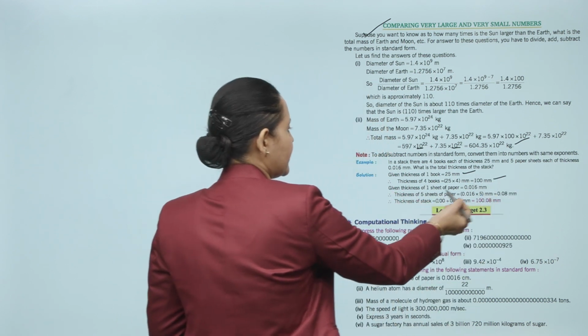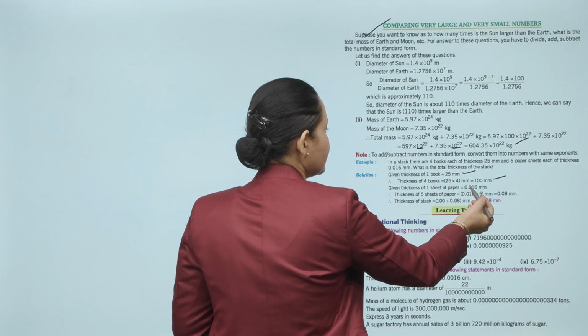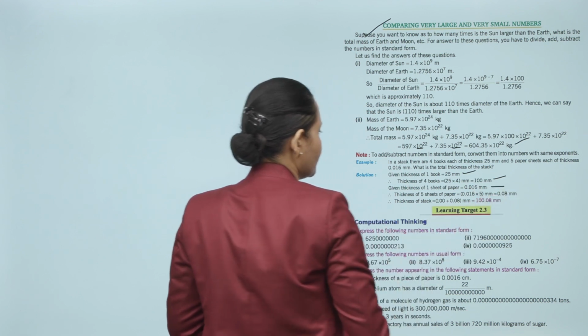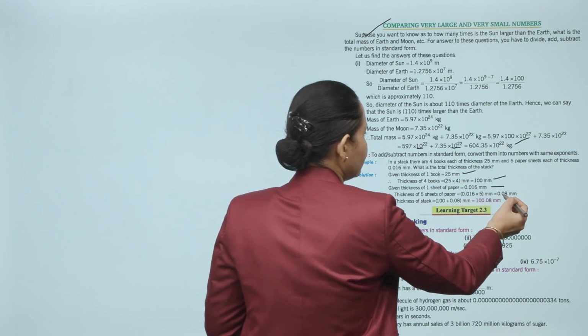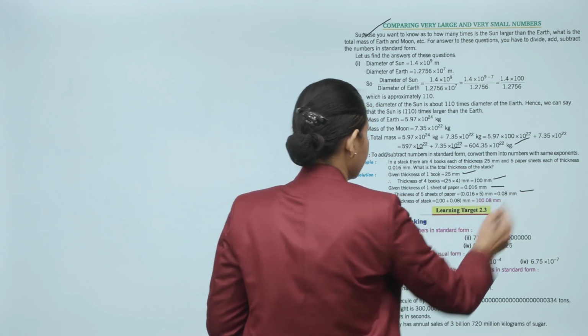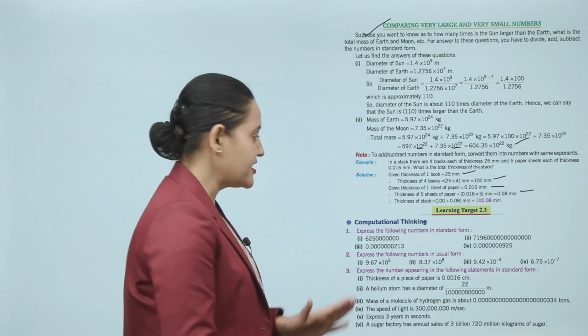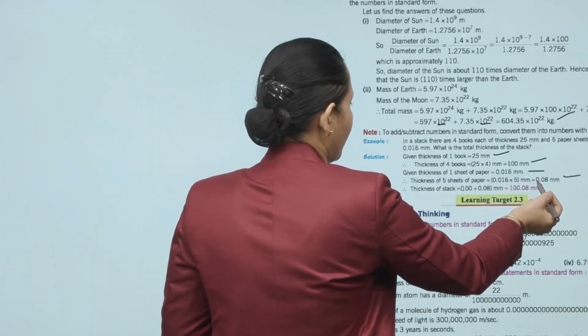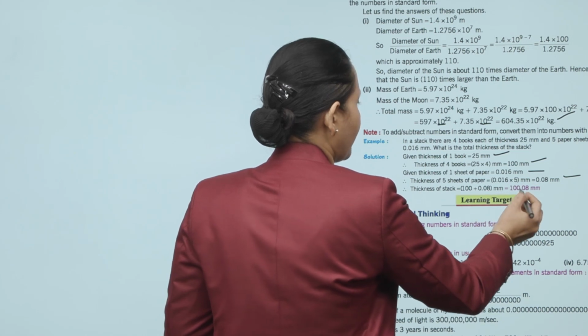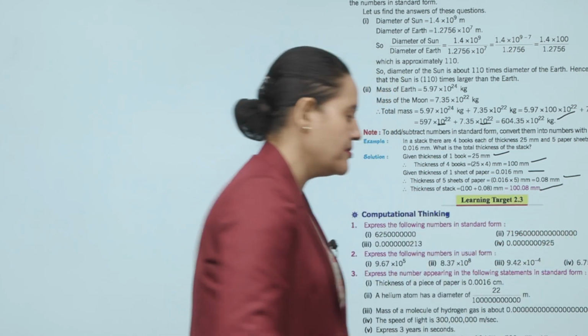One sheet of paper has thickness 0.016 millimeter, so thickness of 5 sheets, multiplying, is 0.08 millimeter. So thickness of the stack, adding 100 millimeter plus 0.08 millimeter, is 100.08 millimeter.